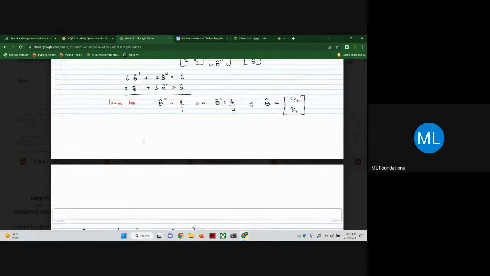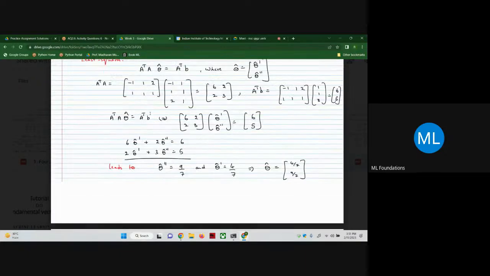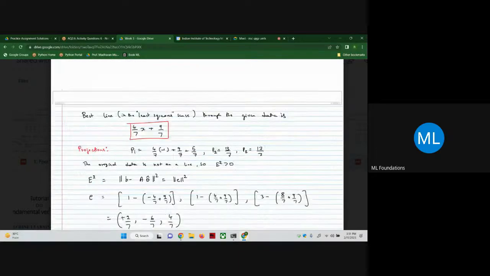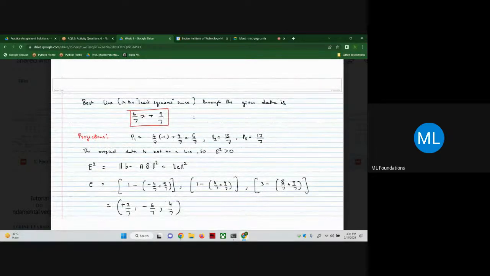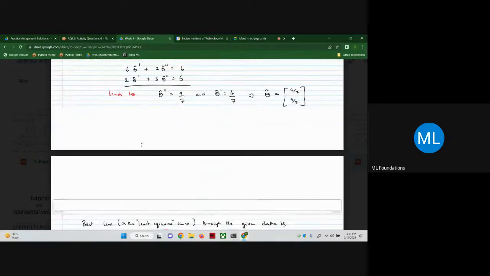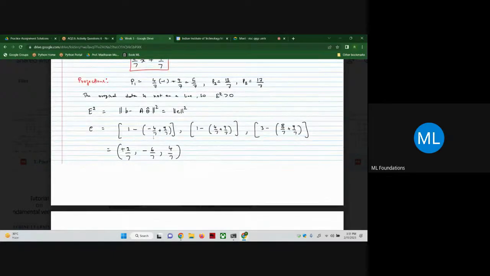For the point 2 the projection is 13/7, but the actual value is again 1. For the point 3 the projection is 17/7, but the actual value is 3. So there is an error there, and the error vector was found out here.